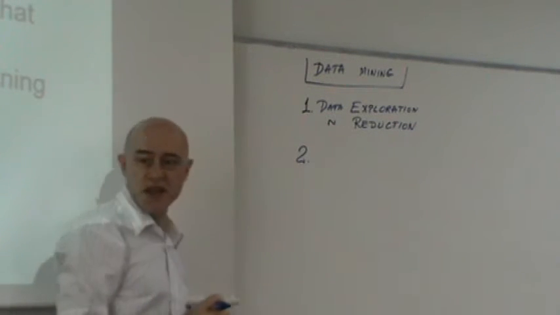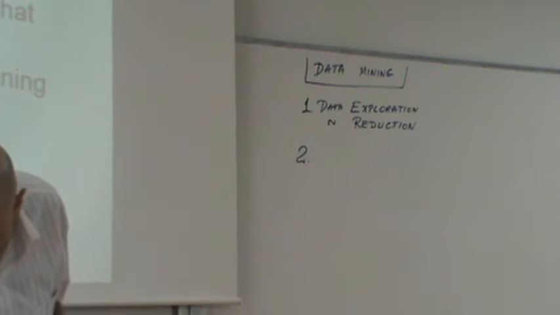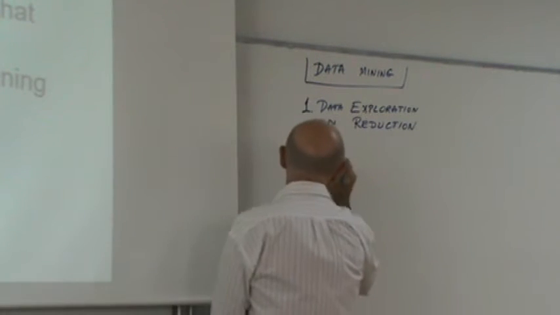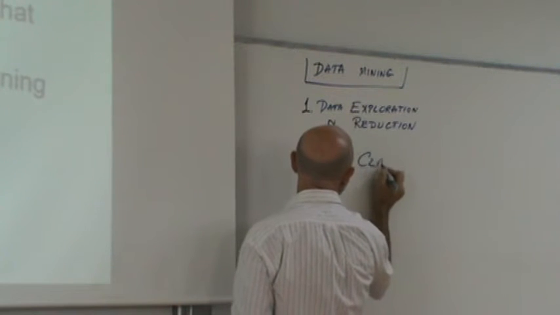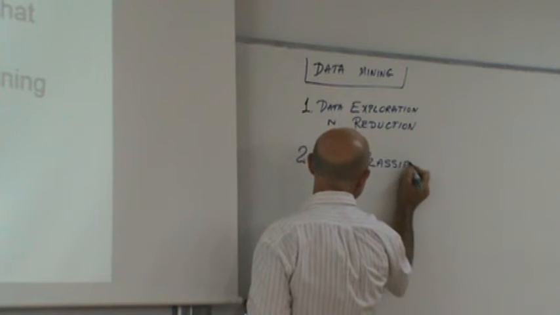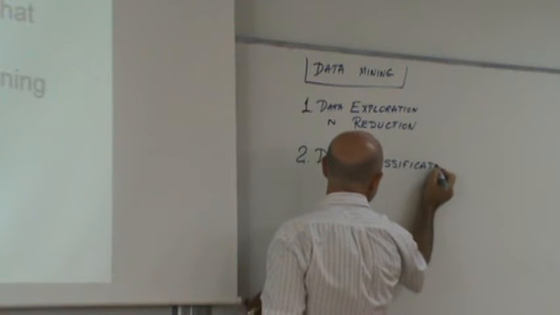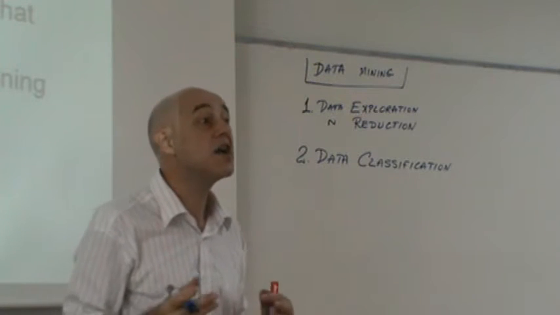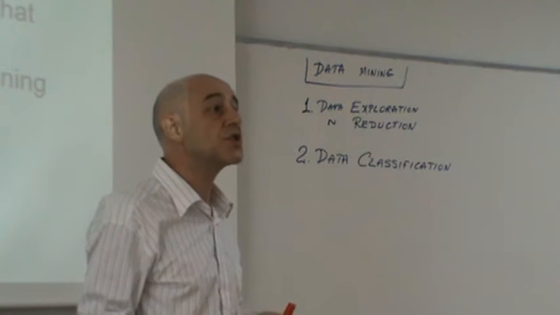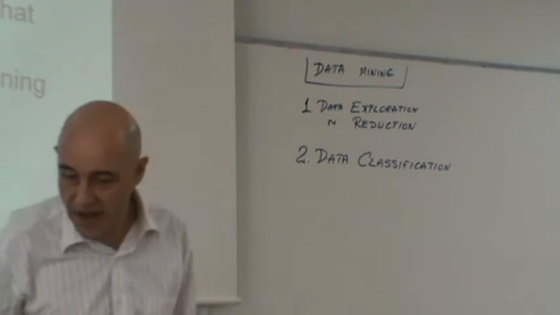The second biggest part is classification. You can also say data classification. How you classify people, users, consumers, whatever.